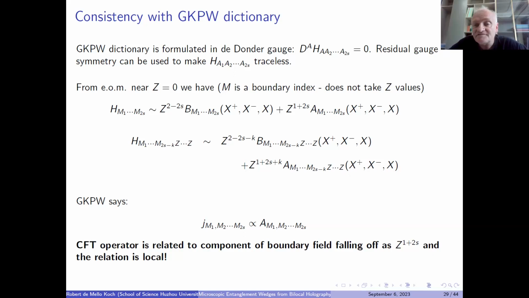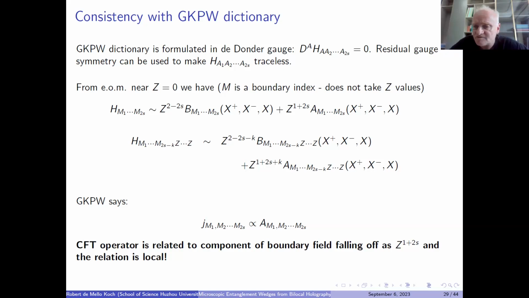The piece of the field which is leading as z goes to 0 is when you have no polarizations along the z direction. So the GKPW dictionary then takes a look at the solution and identifies the CFT current with this coefficient A in the fall off of the higher spin bulk field.